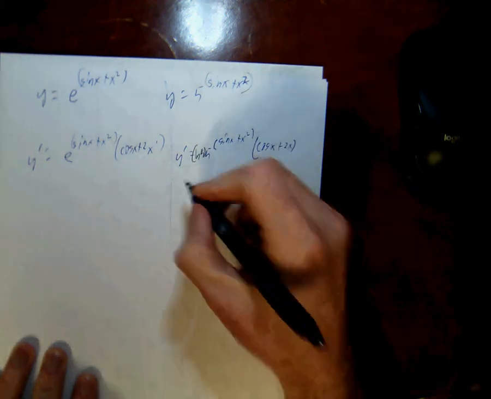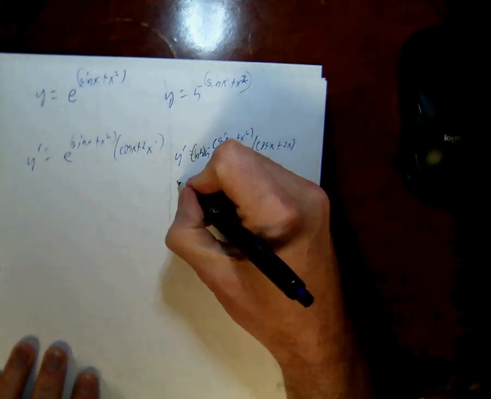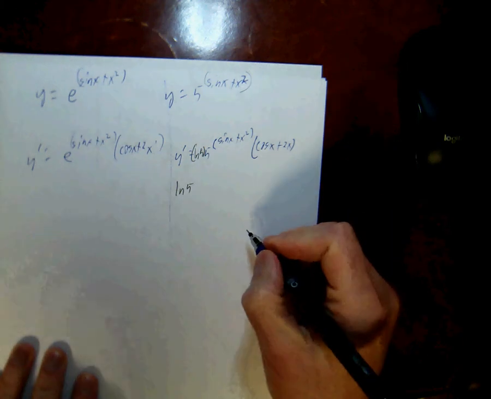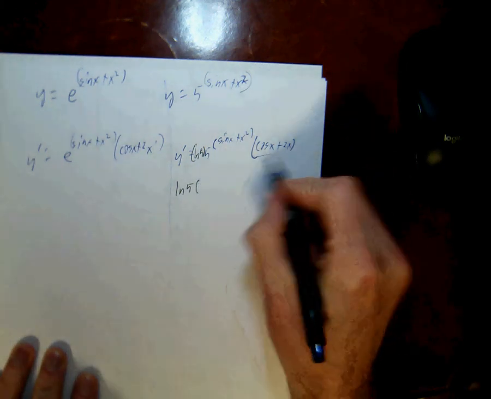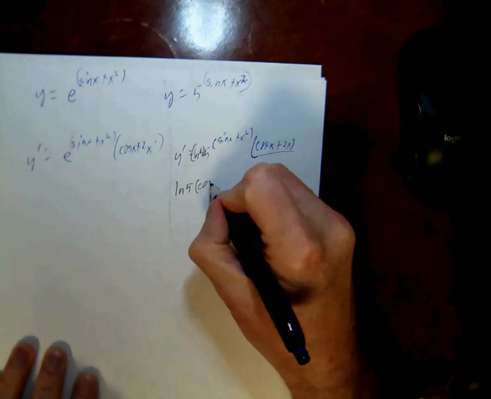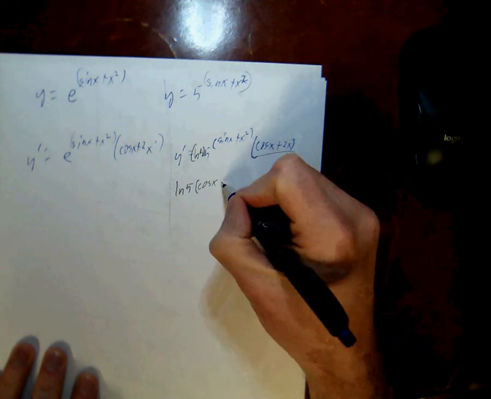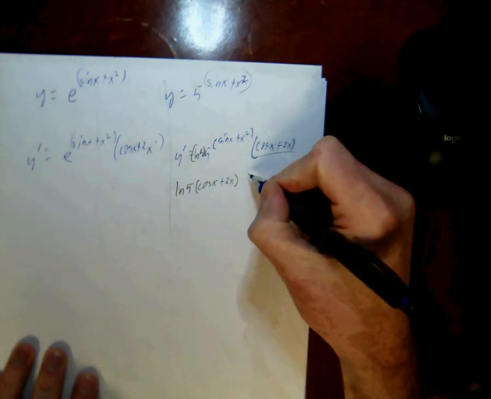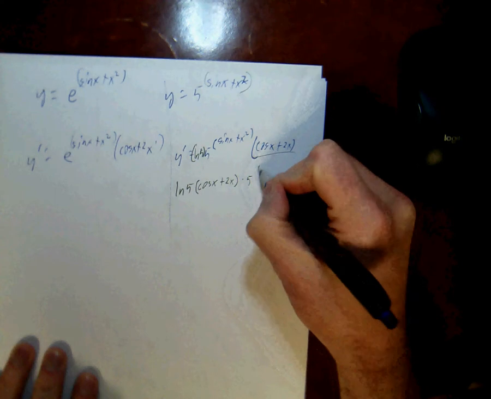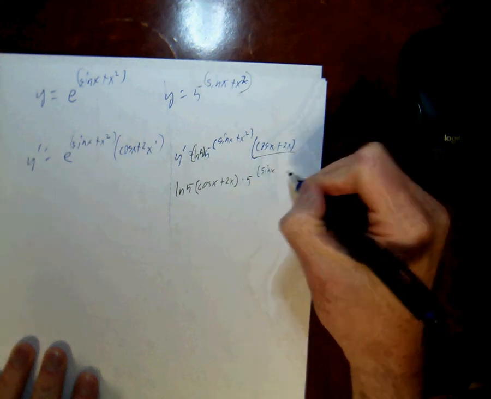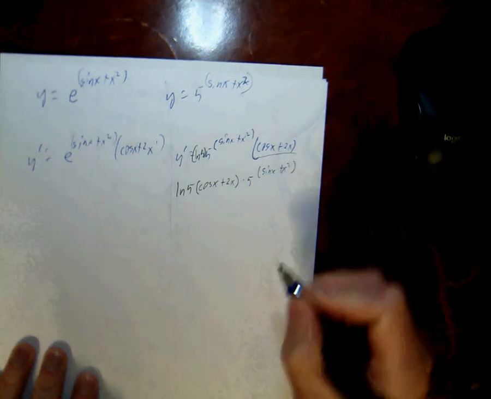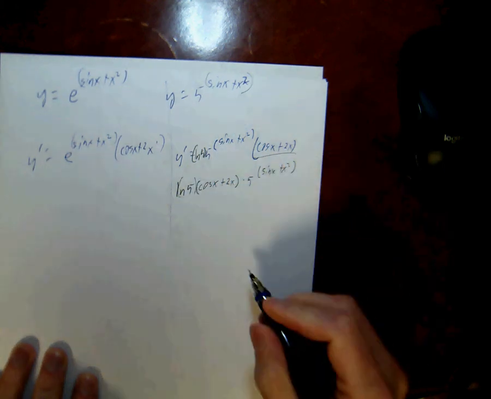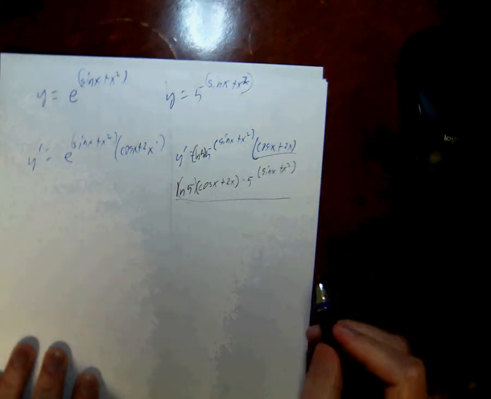Let me write that a little cleaner. So that's going to give me natural log of 5. Usually they stick this next, so that's going to give me natural log of 5 times cosine x plus 2x, and then times 5 to the sine x plus x squared. And they usually put natural log of 5 in parentheses. And so this is your answer.